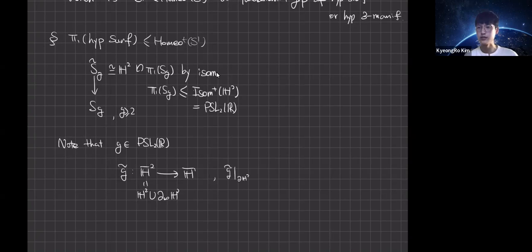Then we can get an orientation preserving circle homeomorphism corresponding to an element of PSL2R.